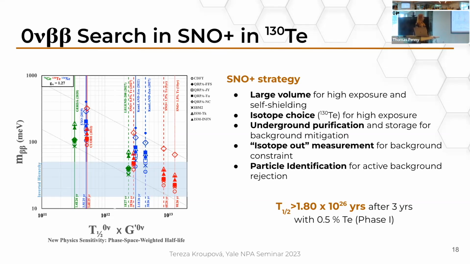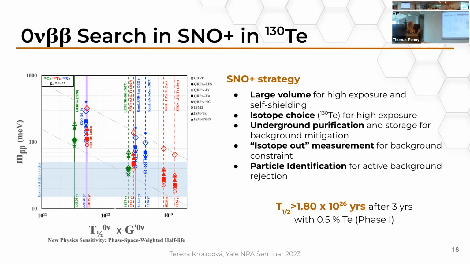In this plot, it's showing the effective Majorana mass as a function of the phase space weighted half-life. It's plotted this way because everything on the x-axis is not model dependent. The phase space varies for each element, but it's not model dependent.